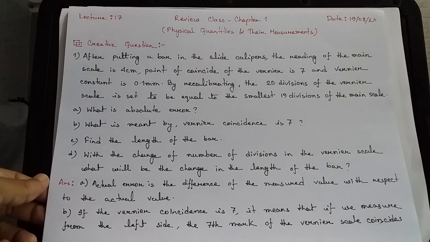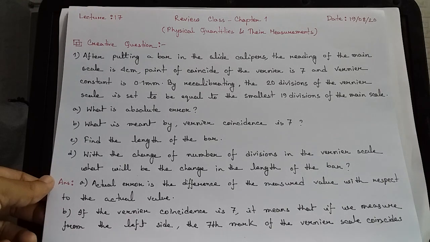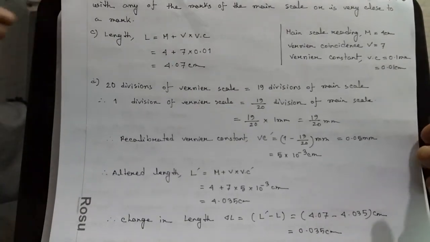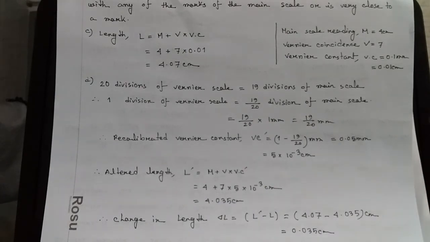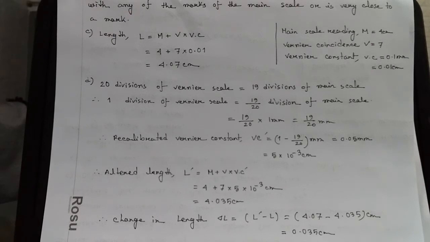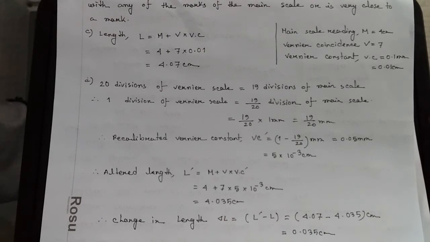Our question C is, find the length of the bar. What is the length of the bar? As we know, the equation for measuring length using slide calipers is L equals M plus V into VC, where M is the main scale reading, V is the vernier coincidence or vernier superposition, and VC is the vernier constant. All the terms are given in our question.